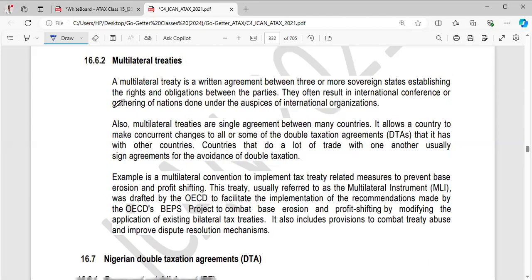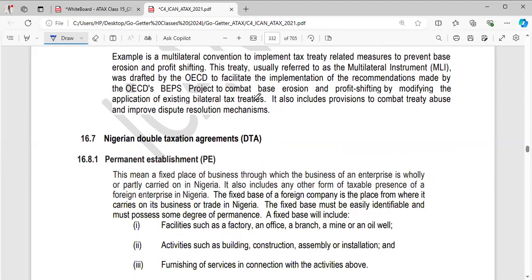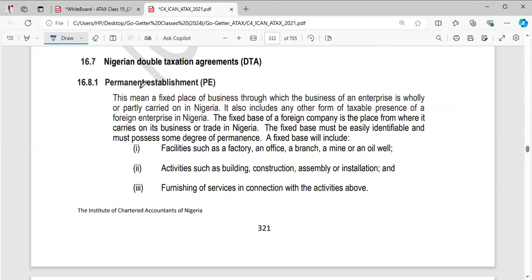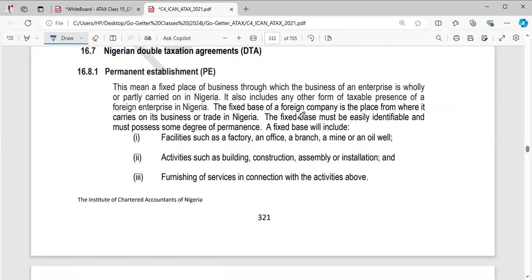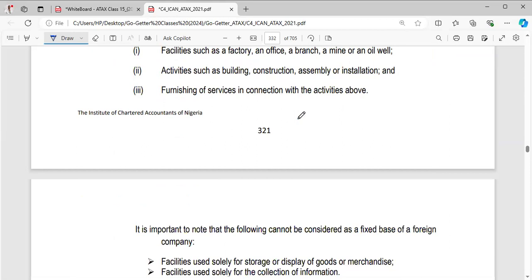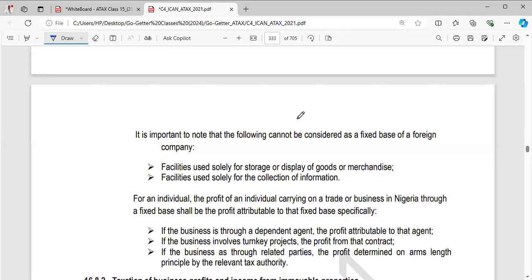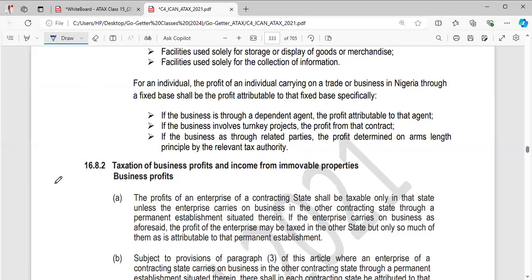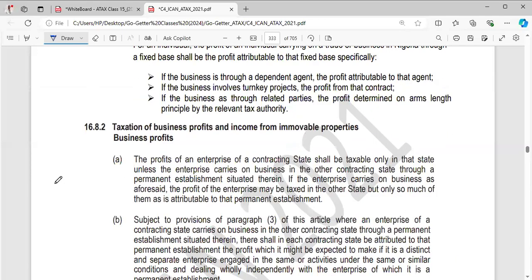Now look at Nigerian double taxation agreements. Permanent establishment. We've talked about permanent establishment in the last class. Now, taxation of business profits and income from immovable properties.